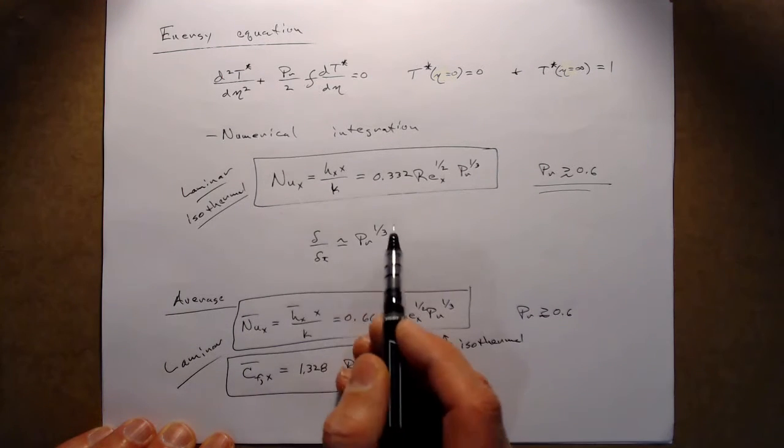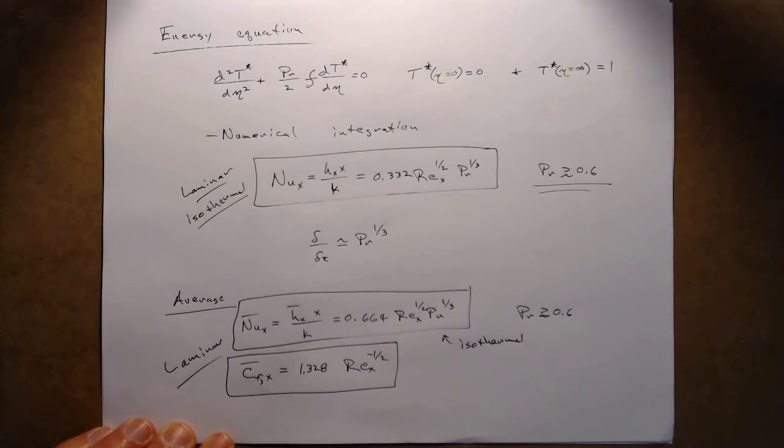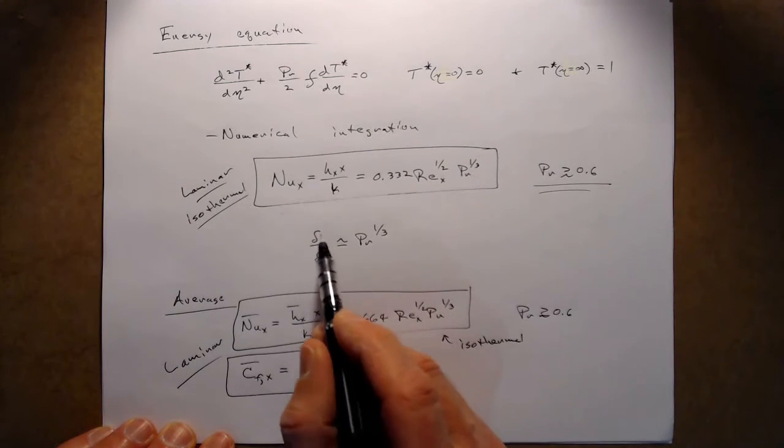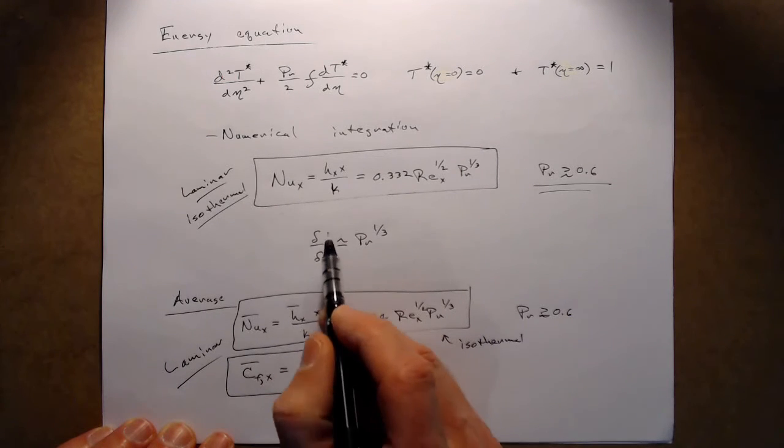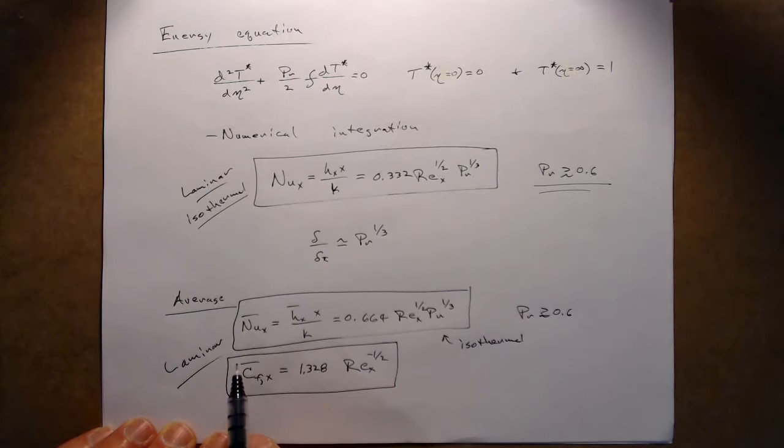One other thing we say in those cases, before we had mentioned that the Prandtl number describes the momentum diffusivity divided by the thermal diffusivity, and so we could use it to say something about the thickness of the velocity boundary layer to the thermal boundary layer.